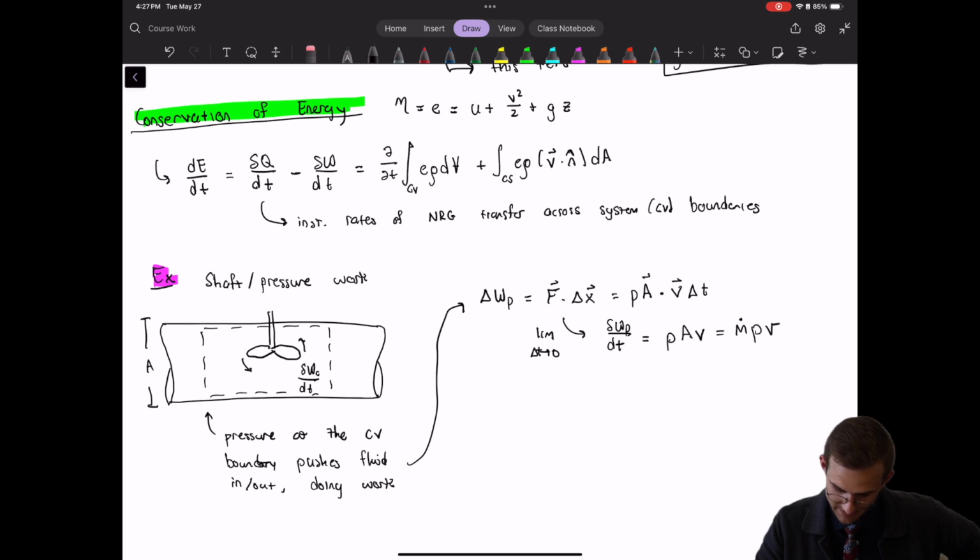Okay, and then that allows us to calculate a heat transfer rate, or solve for a heat transfer rate in the following way.